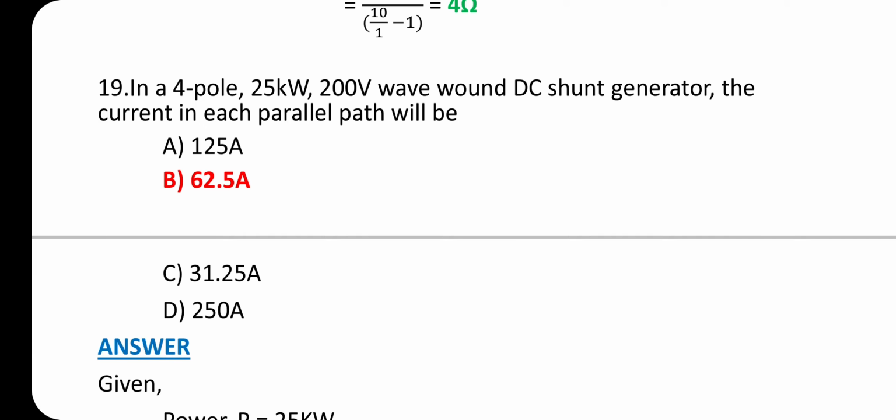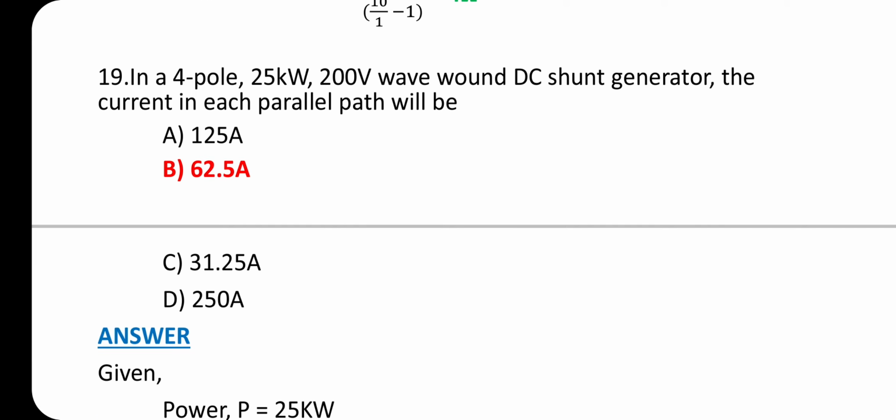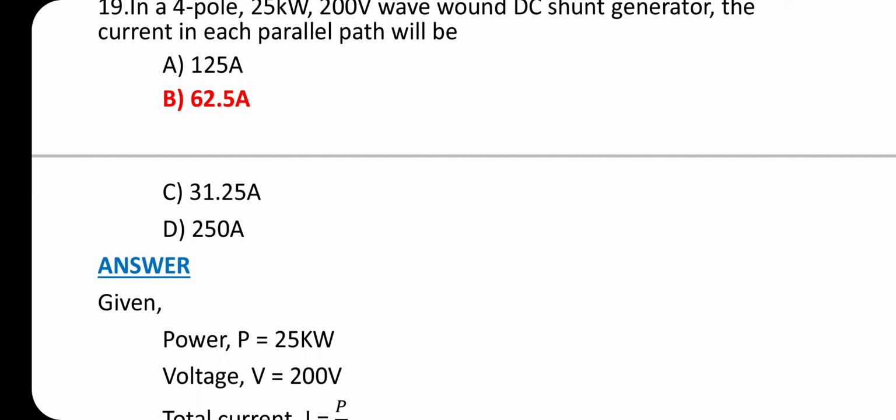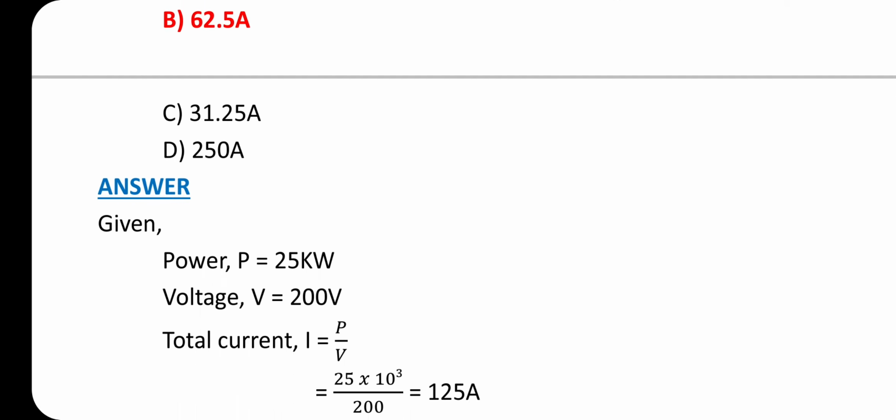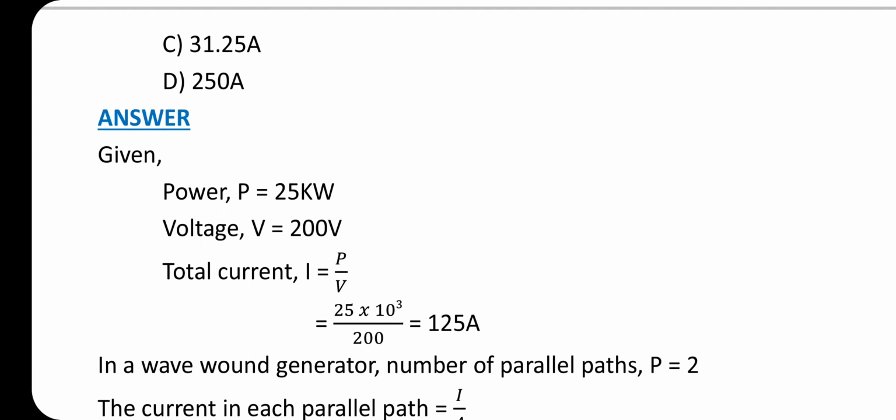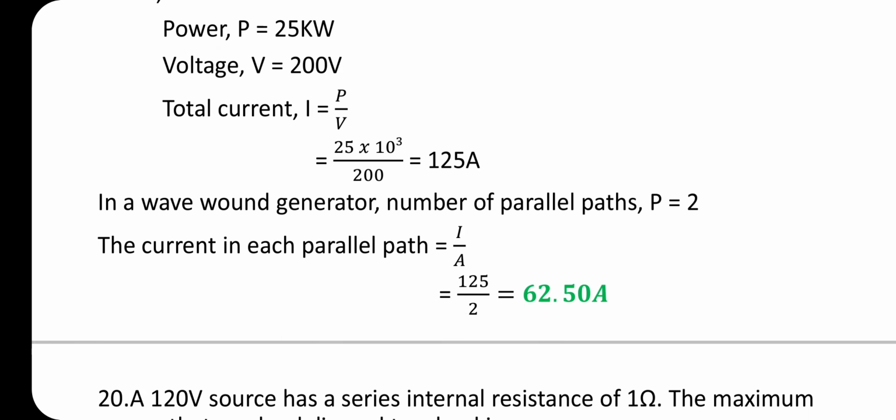Question number 19. In a 4-pole 25 kilowatt 200 volt wave wound DC shunt generator, the current in each parallel path would be. Answer is option B, 62.5 ampere. Given power P equal to 25 kilowatt, voltage V equal to 200 volt, total current I equal to P by V. Substituting the values of P and V, we get the total current is 125 ampere.